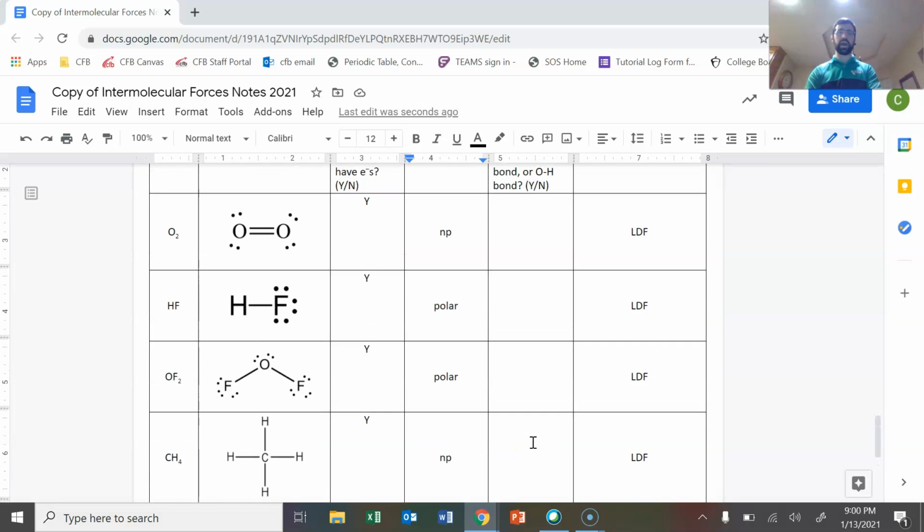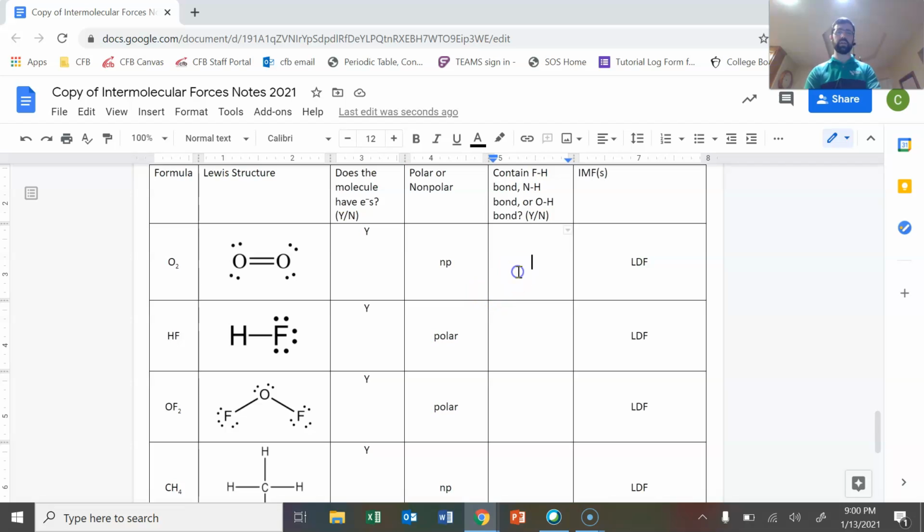All right, so now we can make some progress, okay? If it's nonpolar, and also, does it contain a FH, NH, or OH bond? No, it does not. Does this have an FH, NH, or OH bond? Well, that's fluorine and hydrogen. Yes, it does. Okay. FH, NH, or OH?